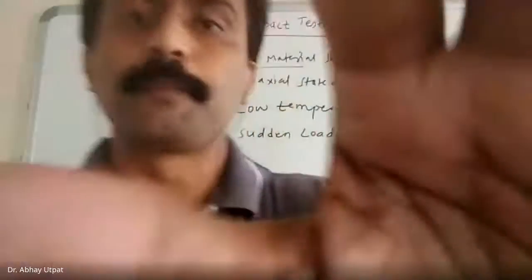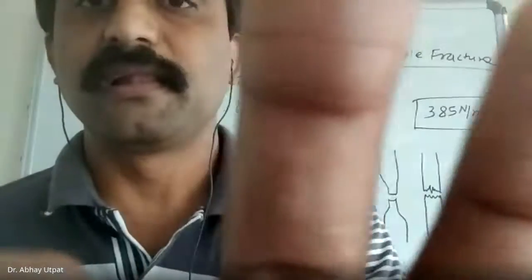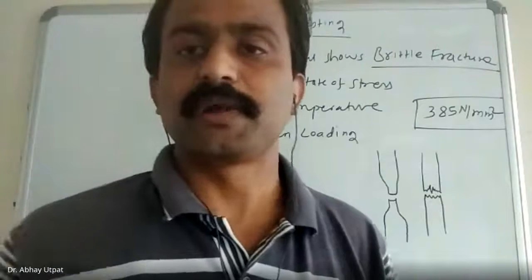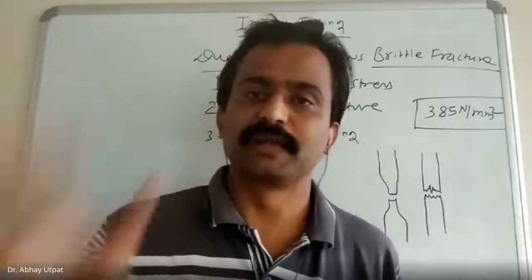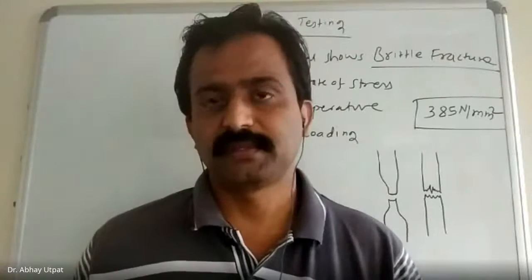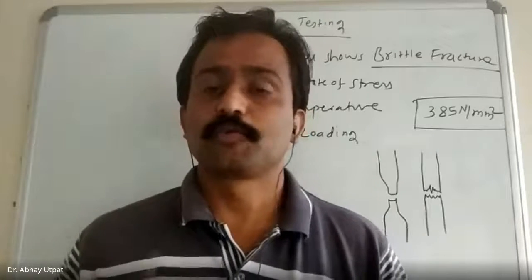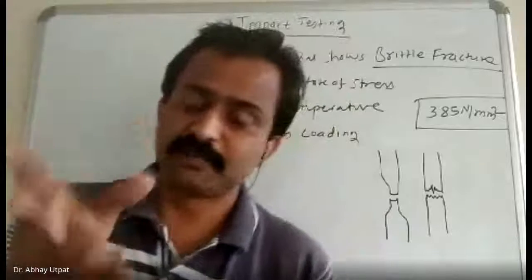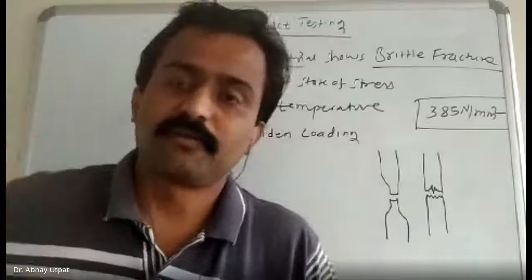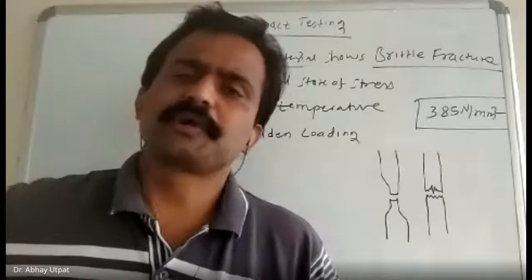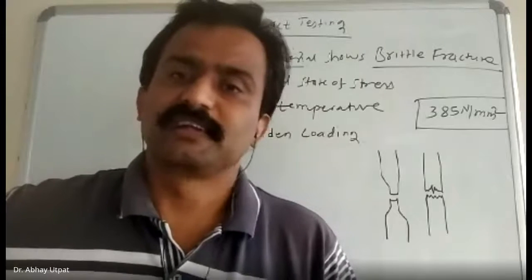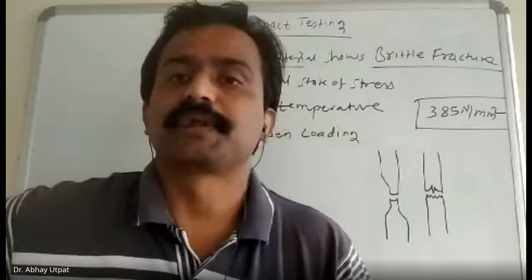Because whatever impact you are giving on the nail, that impact will cause failure of the nail by breaking into pieces. This is brittle fracture. So bending was for the earlier case, and the same nail, same material, breaks. Why? Because it becomes extremely brittle because of low temperature, and a ductile material fails in a brittle manner.